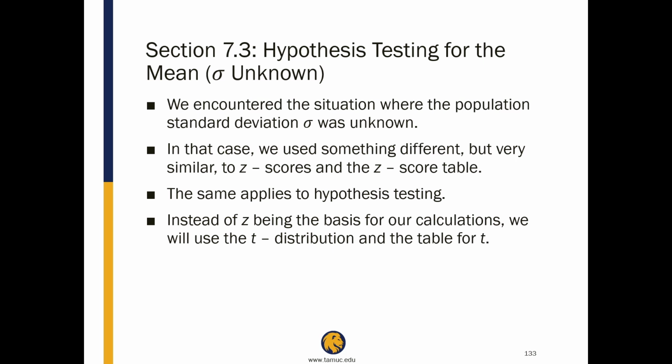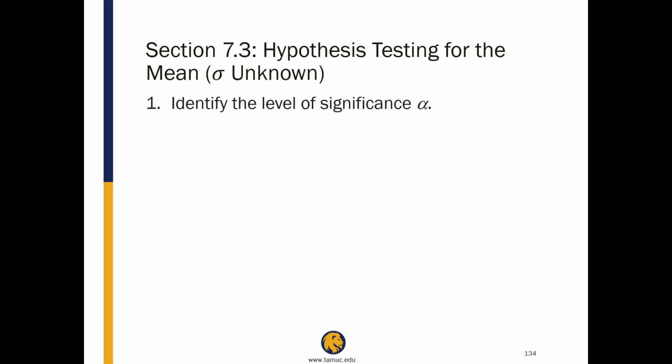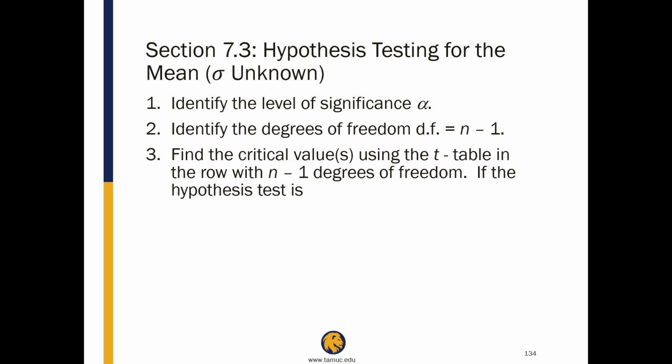So the process we're going to go through is, level of significance has to be identified. Then we need to determine the degrees of freedom. This was something specific when we had to use the t-distribution. So df = n minus 1. Find the critical values using the t-table in the row with n minus 1 degrees of freedom.